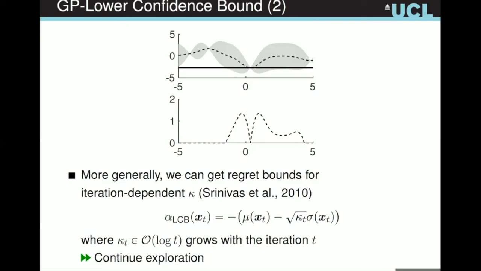And then we can also get regret bounds. That means we get some statements about how close we are to the optimal value of the true function. So these are theoretical guarantees that we can get if we choose this particular acquisition function.